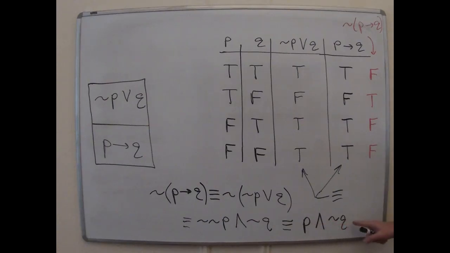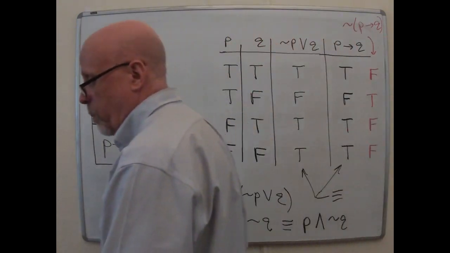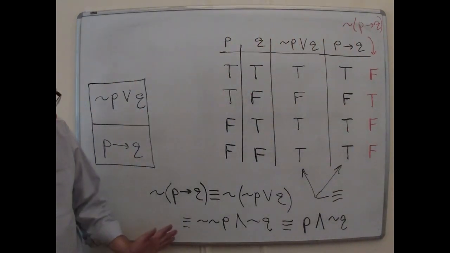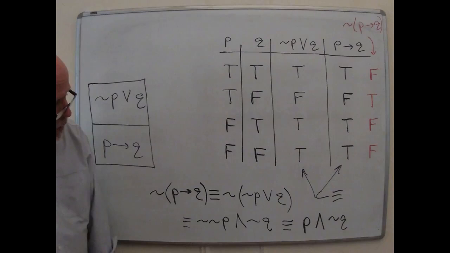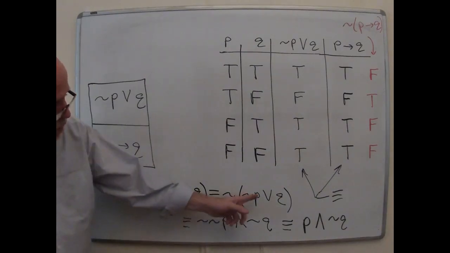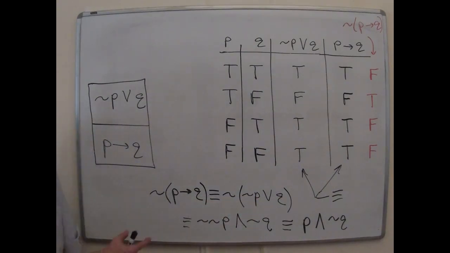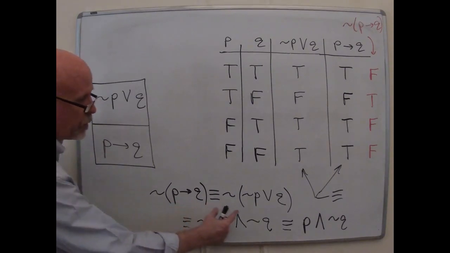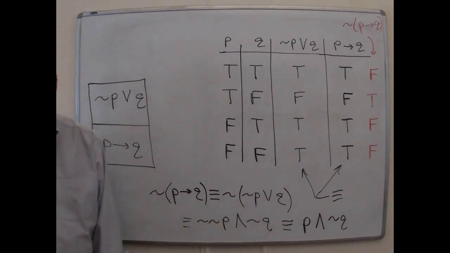So P and not Q actually makes good sense for what the negation of P implies Q is, what this red column should be. And in fact, that's correct. That's the negation of P implies Q. Just a little train of logic there: we needed the double negation idea and De Morgan's law, and this idea that the conditional could be re-expressed as an or.